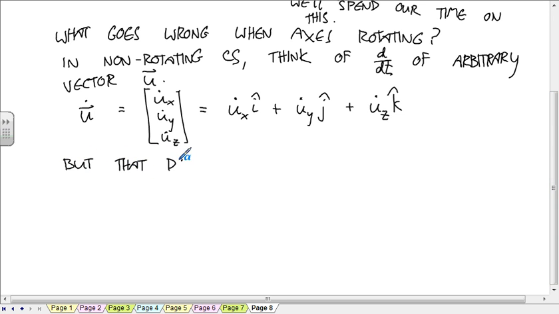But that seems to sort of gloss over, doesn't take the product rule into effect.